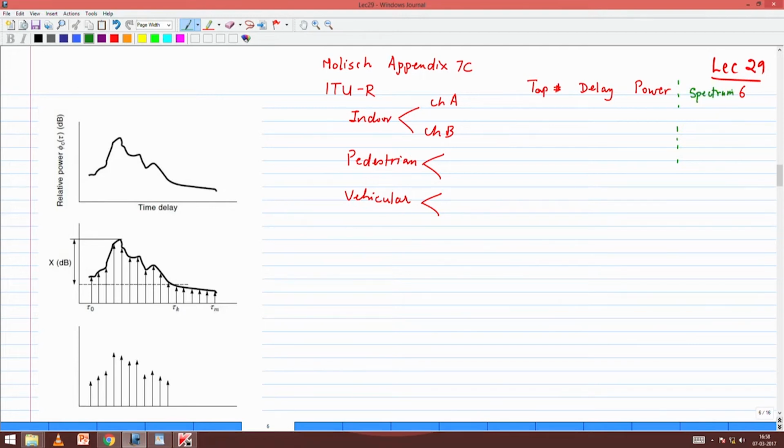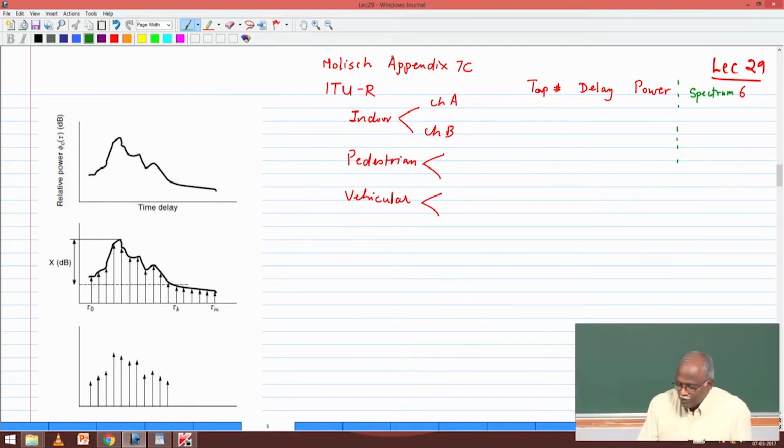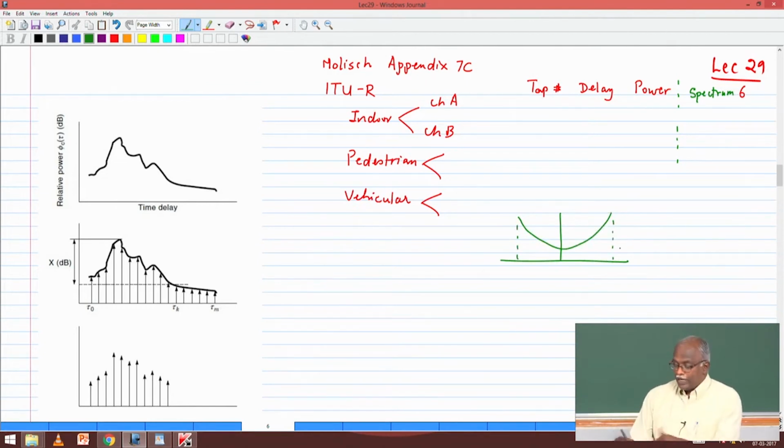So far the only Doppler spectrum that we have studied is the Doppler spectrum corresponding to a Rayleigh. So basically this is the Doppler spectrum that we have studied. Today we will see how this plays a part, but the different channel models that are present sometimes specify a spectrum that you should use for a particular tap.